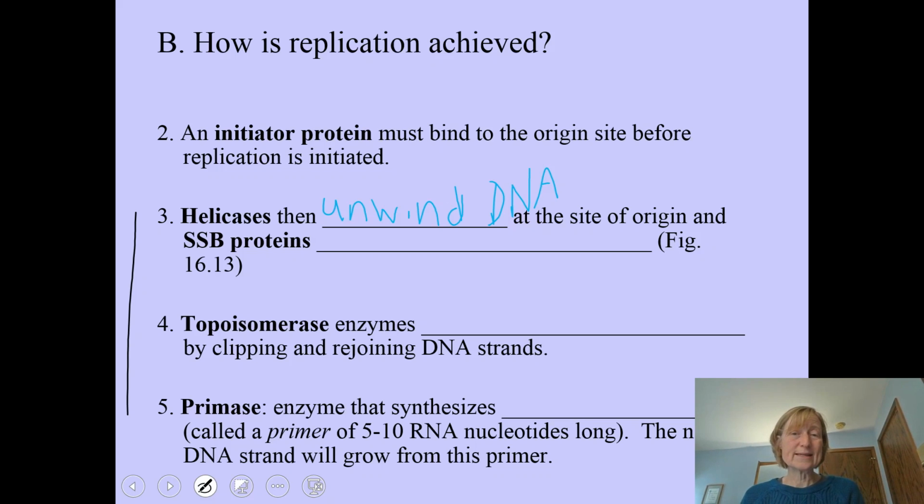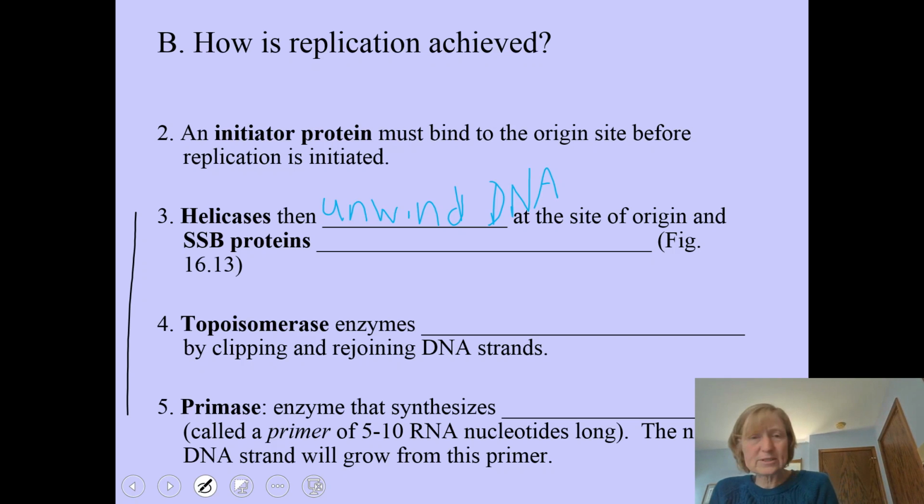And once the helicase unwinds the DNA, it just wants to fold back up on itself. To hold the DNA in an unwound position, there are things called SSB proteins, single-stranded binding proteins, that keep the double-stranded DNA apart, right?